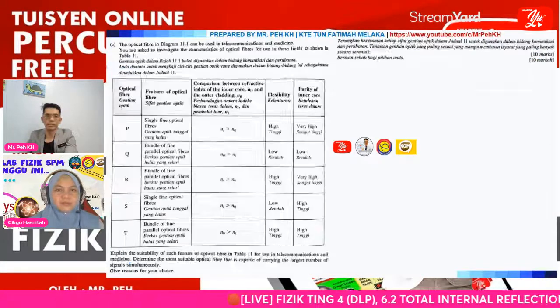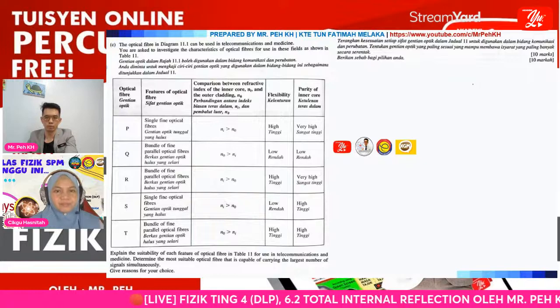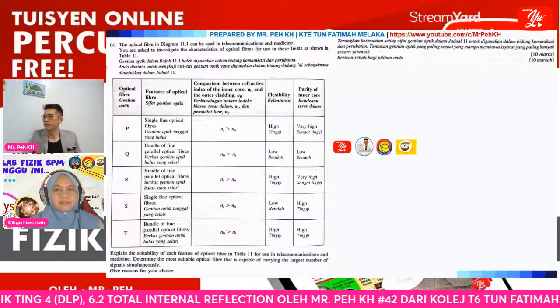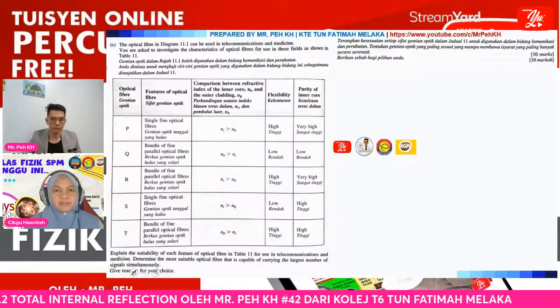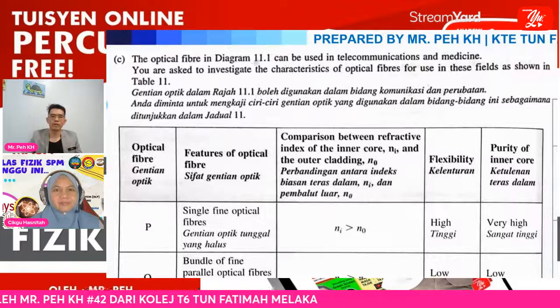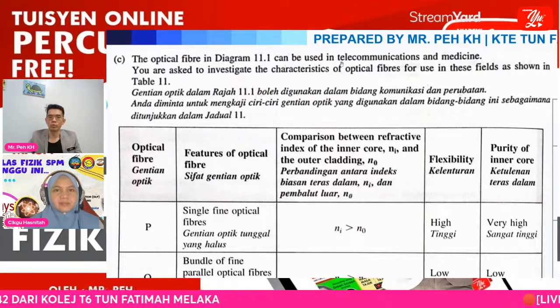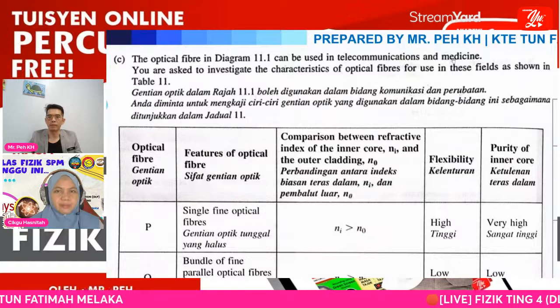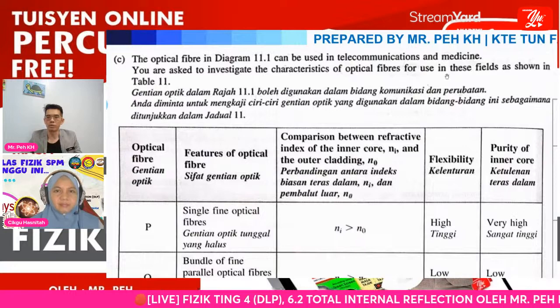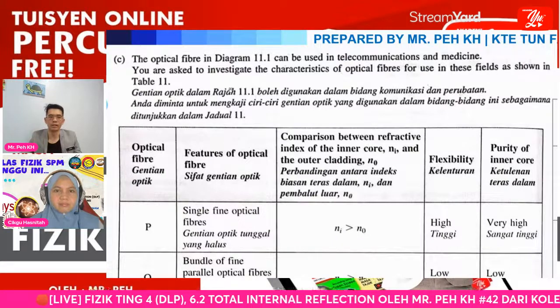Okay, then next will be the decision making question, a 10 marks question. The optical fiber in diagram 11.1 can be used in telecommunication and medicine. So you are asked to investigate the characteristics of optical fiber for use in these fields, shown in Table 11.